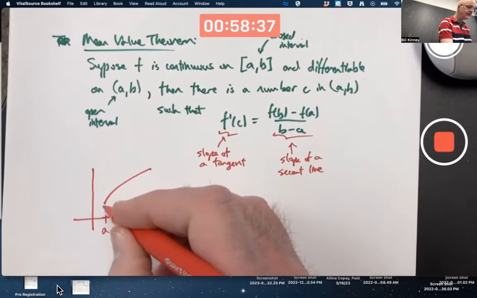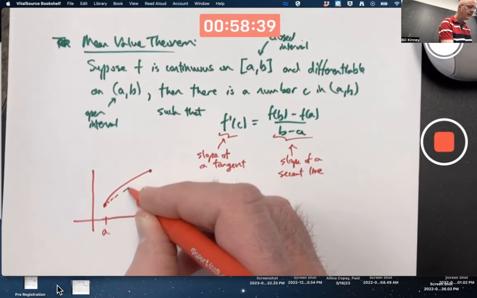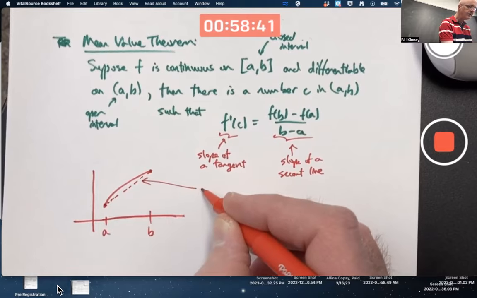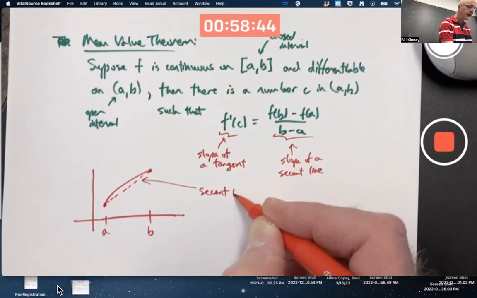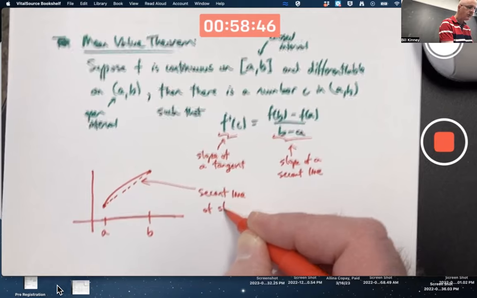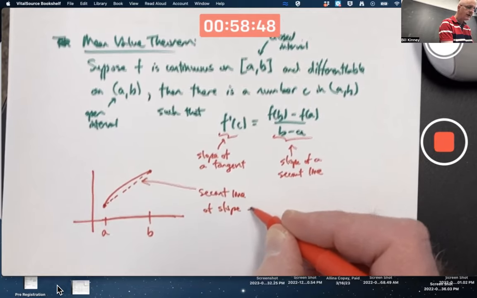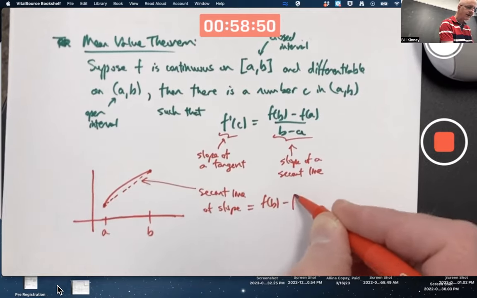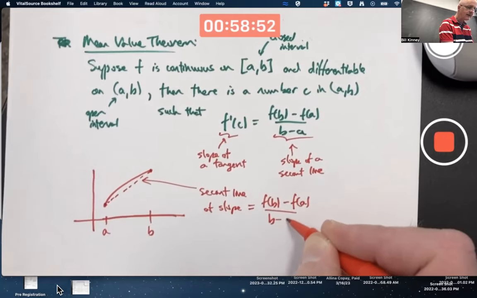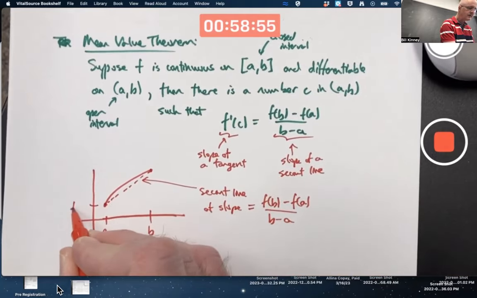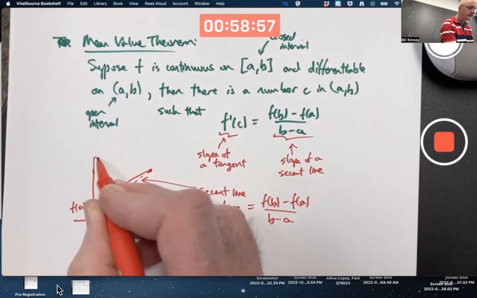The secant line is this line right here. There's your secant line. Secant line of slope, rise over run, f of B minus f of A divided by B minus A. F of A is right here, and f of B is right here.